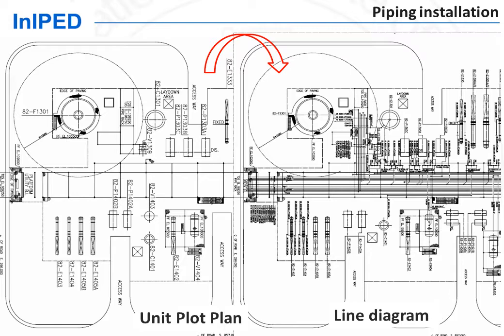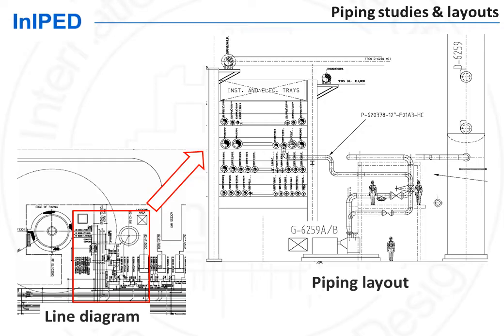They also allow to split the work of piping design among various piping designers. Each piping designer is allocated one area to perform what is called piping studies and issue piping layouts for this particular area.